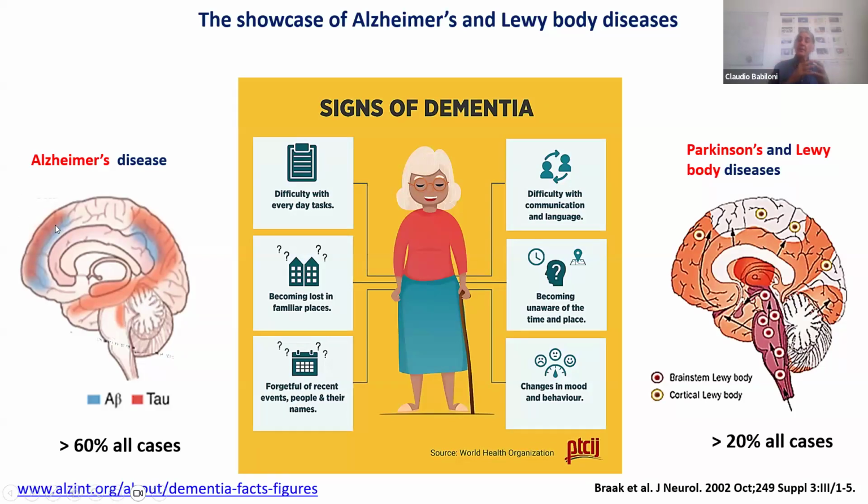The typical manifestation of amyloid beta 42 accumulation is in the plaques outside the neurons, a sort of mass of amyloid extracellularly.